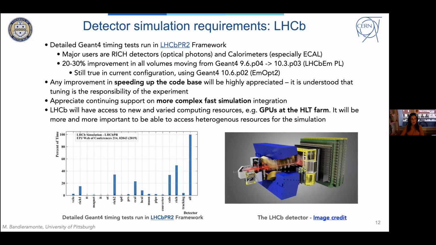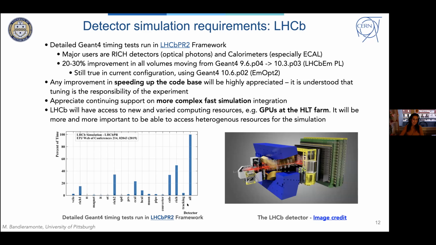Okay, now about experiment-specific simulation requirements, starting with the LHCb experiment. In this plot, you can see a very nice detailed view of the Geant4 timing test within the LHCb detector. Here you can see what fraction of time is spent on each subdetector, in order to understand where to focus the attention.